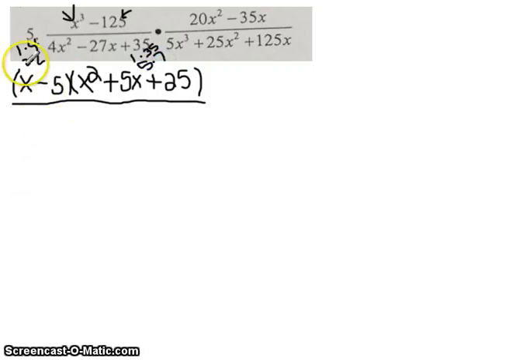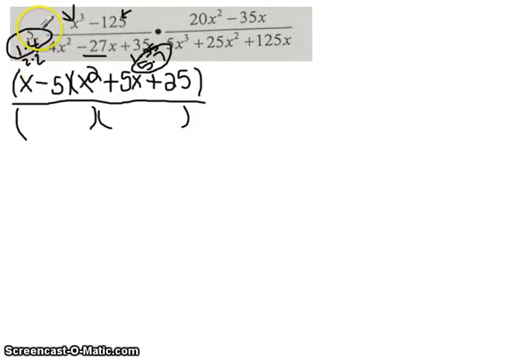Now we need to match up the ones. We need to have those multiplied together that give me negative 27. And if I look at this, 4 times 5 is 20, and 1 times 7 is 7, and 20 and 7 gives me 27, so I have negative 1 and 4, and I have 5 and 7.